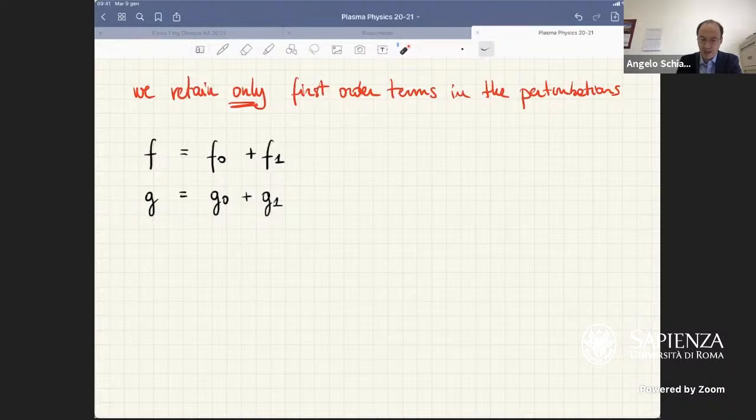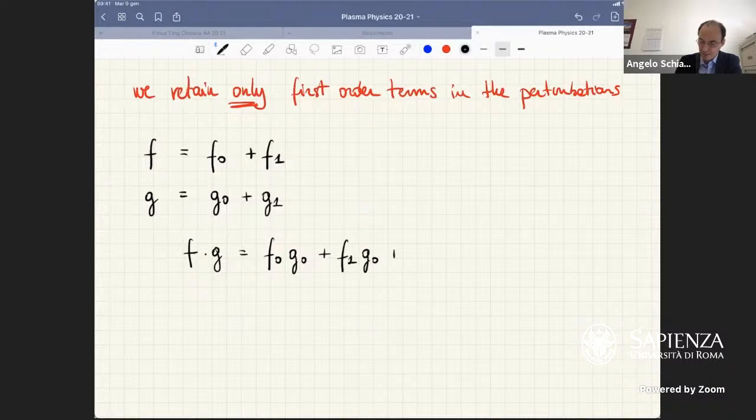Whenever we have the product of the two, what are we going to see? When we have, for instance, F times G, we want to evaluate this product. So we have four terms: F0 G0 plus F1 G0 plus F0 G1 plus F1 G1.